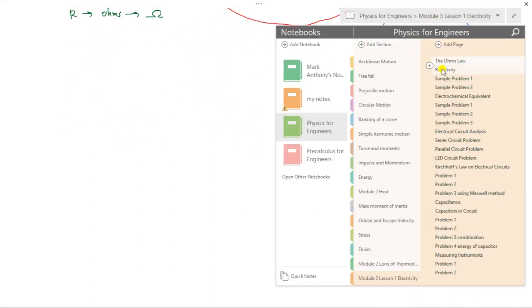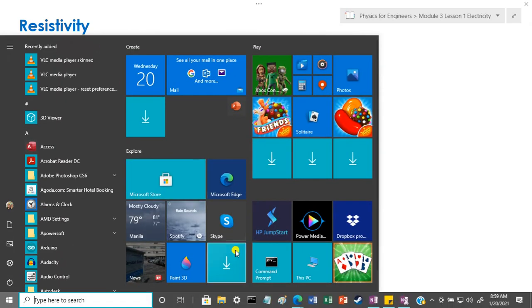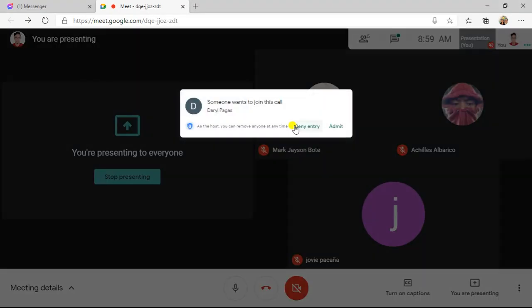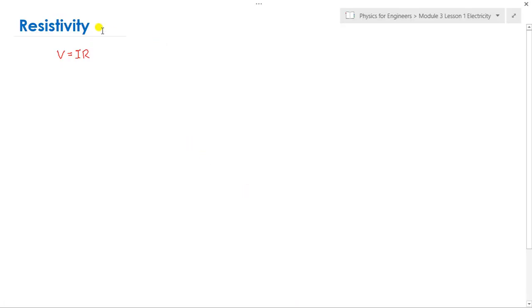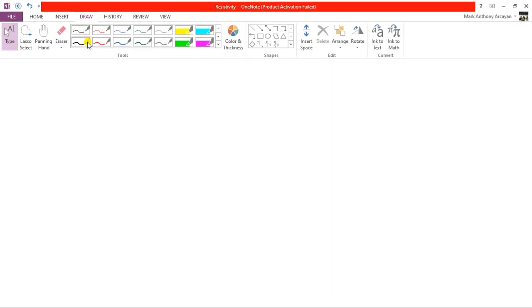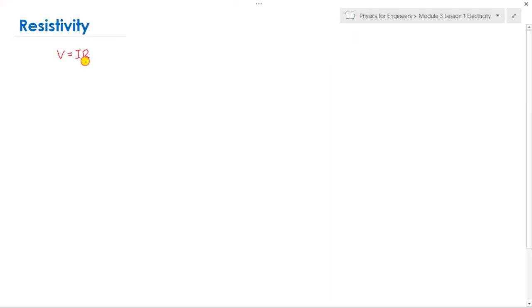Okay. So after Ohm's law, we jump to resistivity. From Ohm's law, V is equal to IR, one of the parameters in the formula is the resistance R. The resistance R depends upon the material.